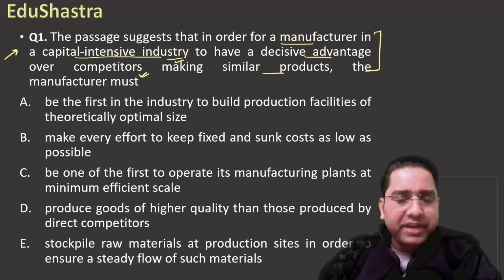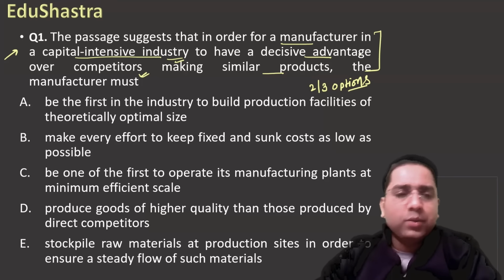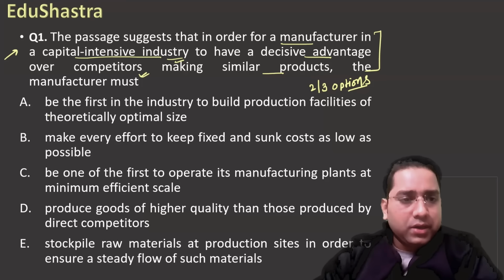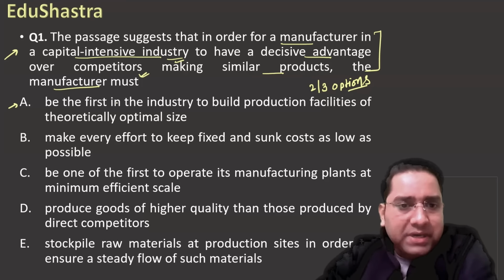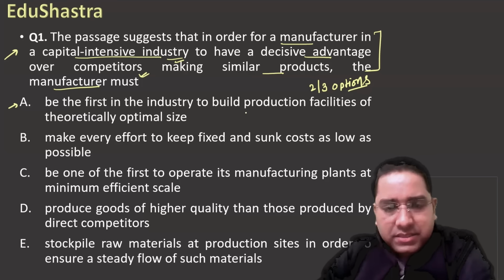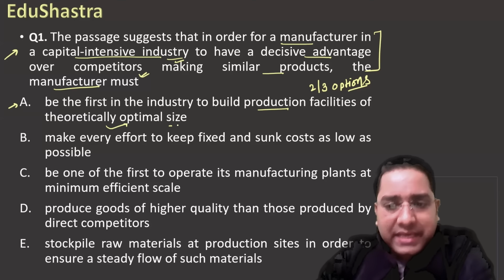But actually, we have to follow the process. The process is you cannot jump on the right answer. We have to reach the right answer. We have to eliminate at least two or three options first. So, what are those two or three options that can be eliminated without any problem? Option number one says the manufacturer must be the first in the industry to build production facilities of theoretically optimal size.